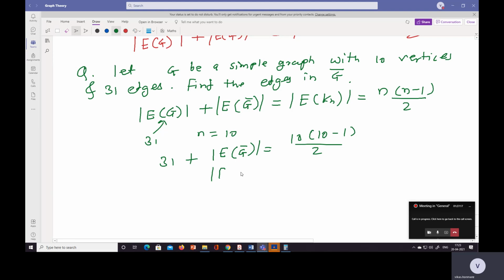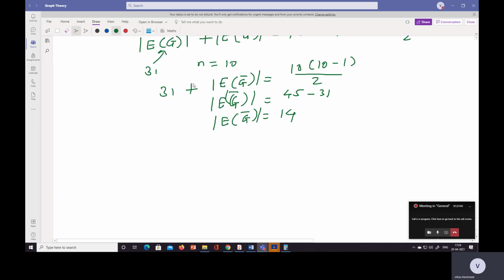So E of G bar is equal to 45 minus 31, so the number of edges in G bar is equal to 14. Very simple, we have just applied the particular formula.